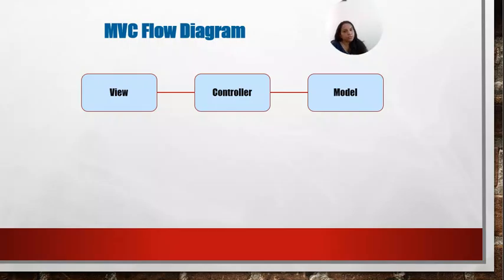So when the user interacts with the view, the controller receives a request, then the controller updates the model, the model processes the data, and the view displays the processed data. This cycle continues whenever the user interacts with the system.